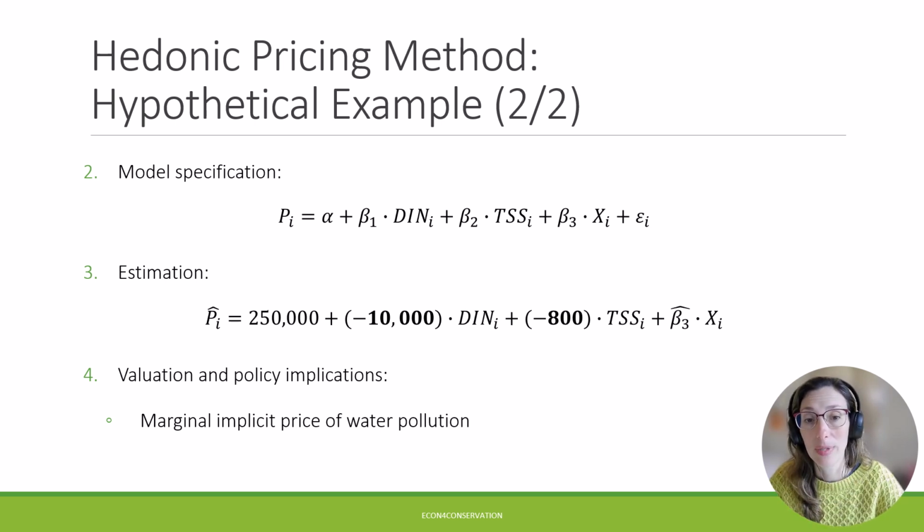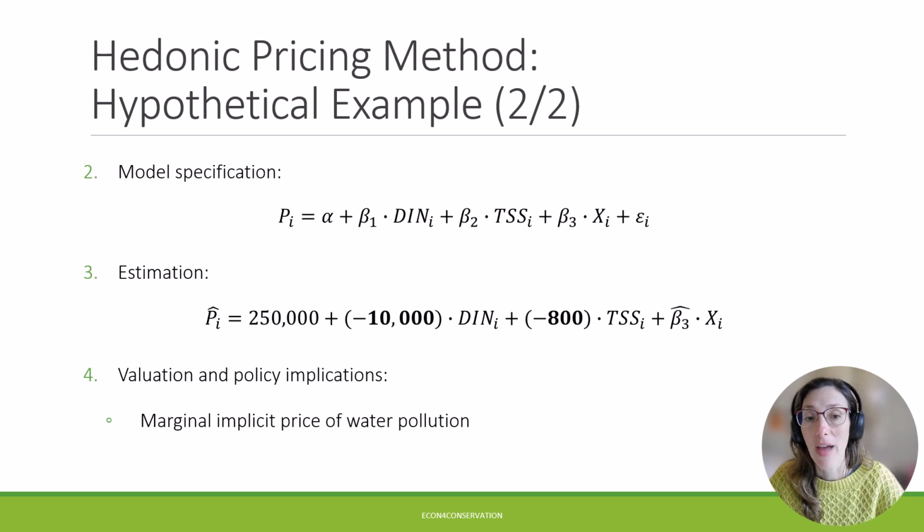P is the sale price of property i in this case. DIN is the dissolved inorganic nitrogen, the concentration at the nearest lake to property i. Then we have TSS, the total suspended solids concentration, again at the nearest lake to property i.